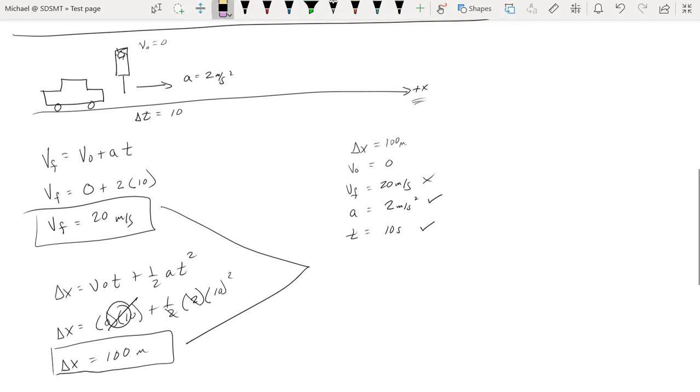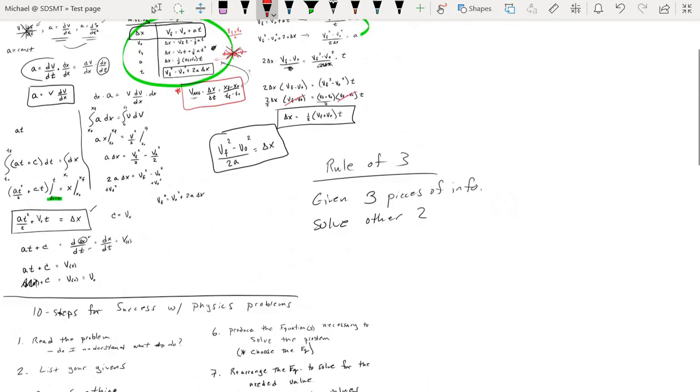Well, now is where we're going to take those two answers of 100 meters and 20 meters per second, and let's plug both of those into a single kinematic equation that we haven't used yet.